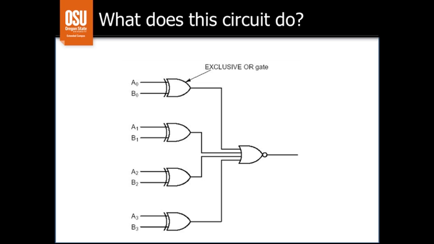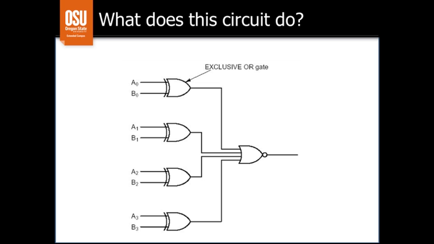Notice that what we have is essentially inputs coming in from two different sources. We have A0, A1, A2, and A3 coming into exclusive OR gates, and B0, B1, B2, and B3. Now note that because all four of those digital logic components are exclusive OR gates, they will produce a 1 only if the inputs are different from each other.